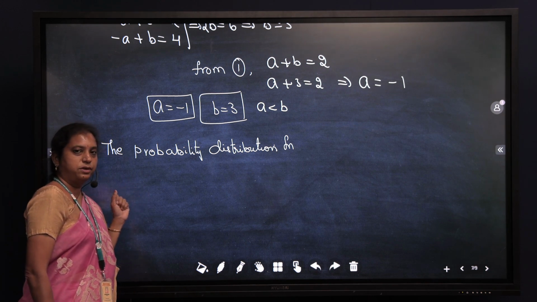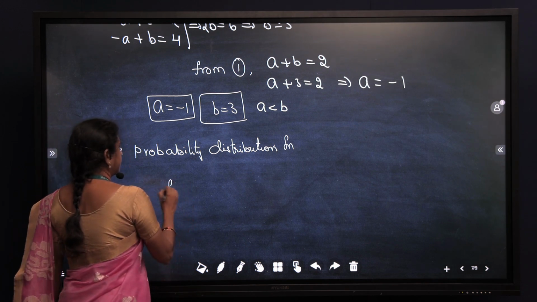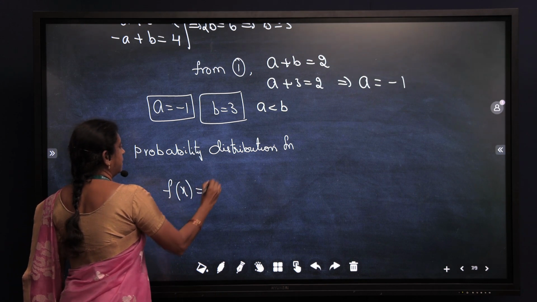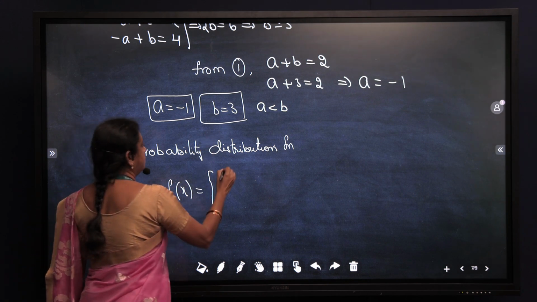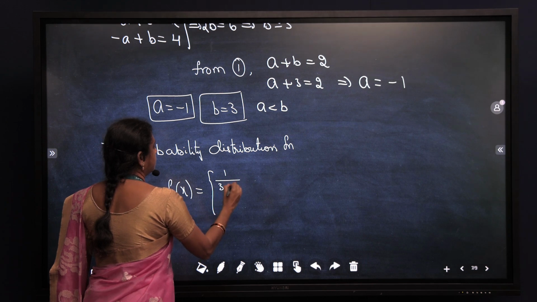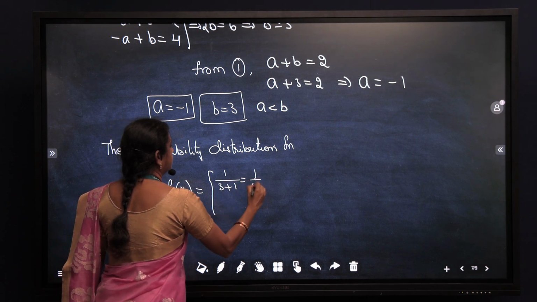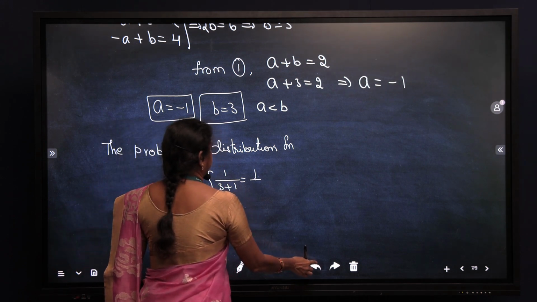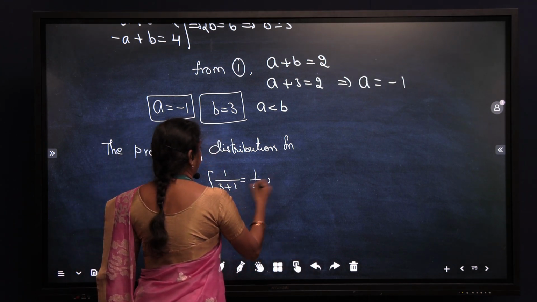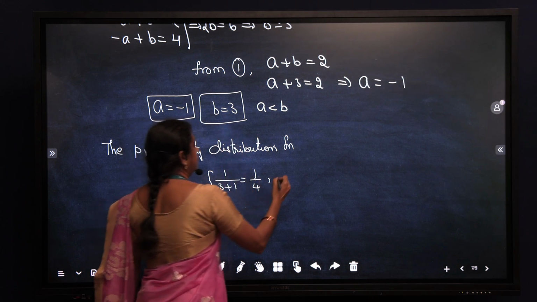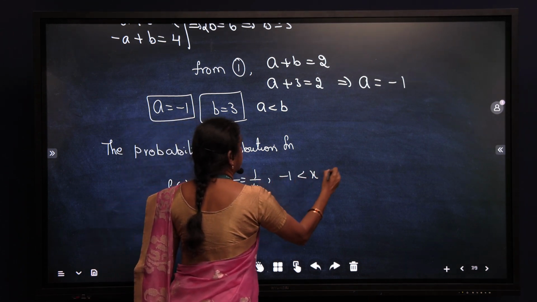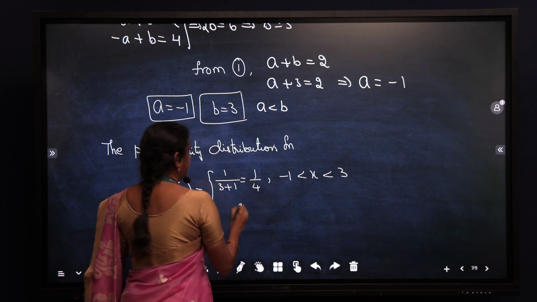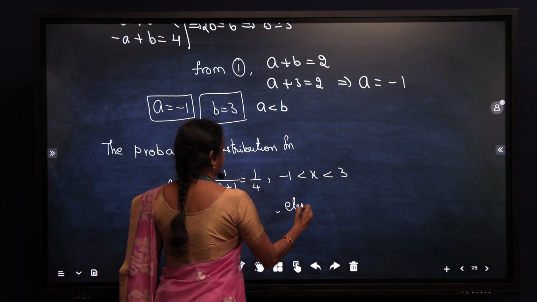The probability distribution function is given by f of x is equal to 1 by b minus a, that is 1 by 3 plus 1, which is equal to 1 by 4, between the interval minus 1 less than x less than 3, and 0 elsewhere.